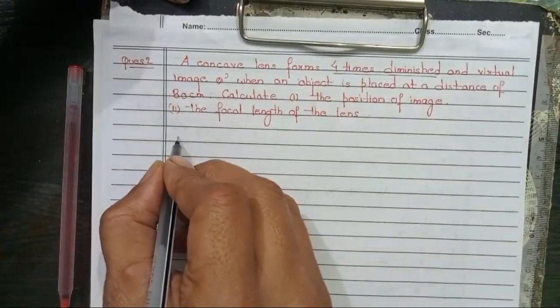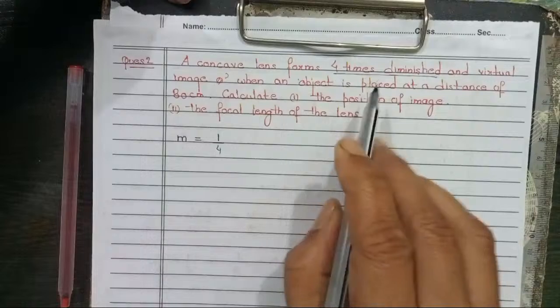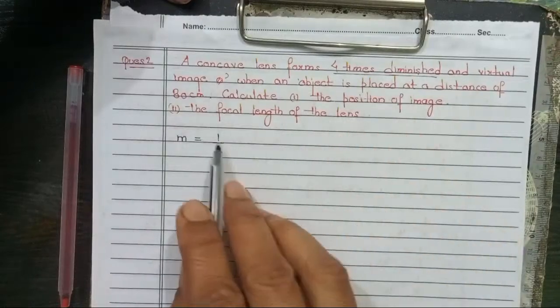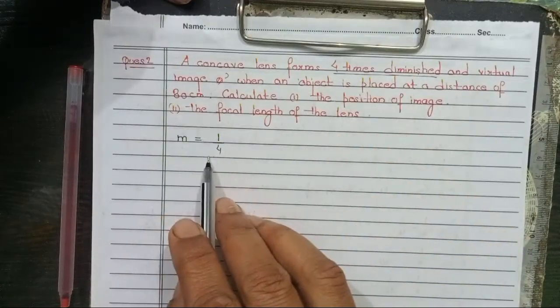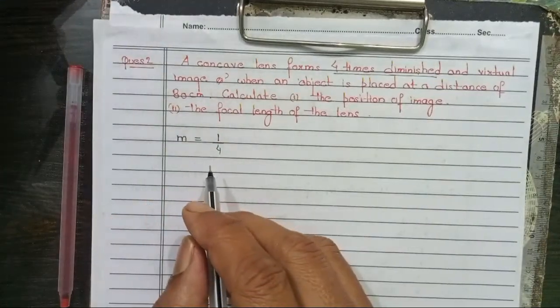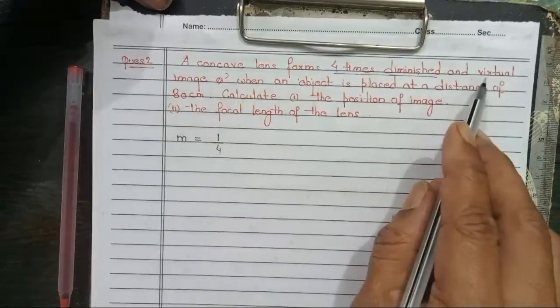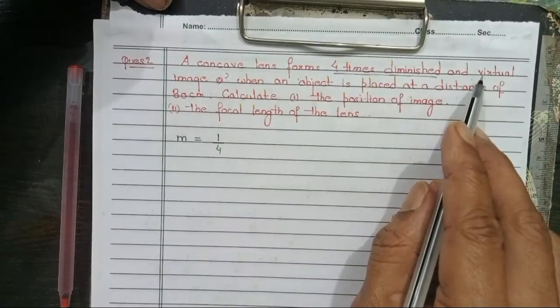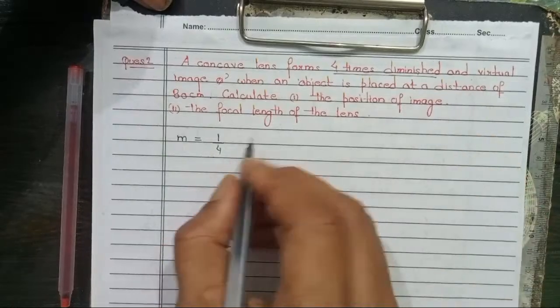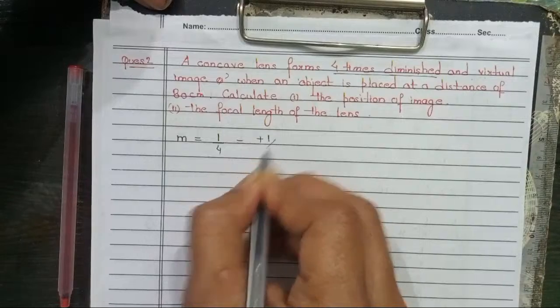So you can say magnification is 1 by 4. 4 times diminished means 1 by 4 is the magnification. Now magnification will have either the positive sign or the negative sign. So if the image is virtual, then the magnification will get a positive sign. So you will say magnification is plus 1 by 4.